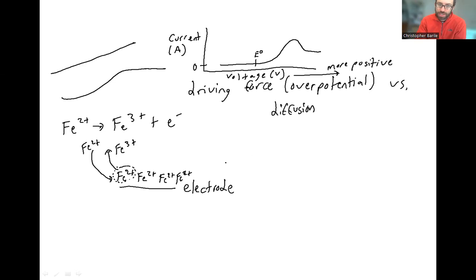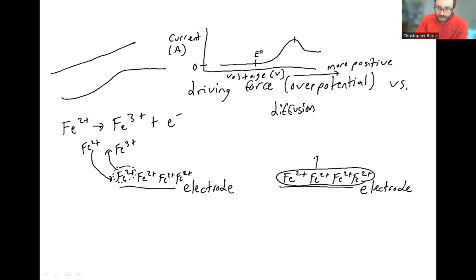The diffusion rate stays the same, but the conversion rate speeds up. And we keep speeding up with more and more driving force until we get to the peak. At the peak, the way to visualize this qualitatively is that all of the iron 2s on the surface of the electrode get converted as fast as they can to iron 3s. And so now they're all iron 3s.